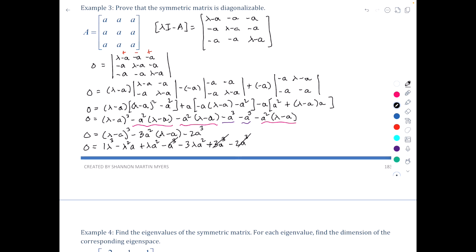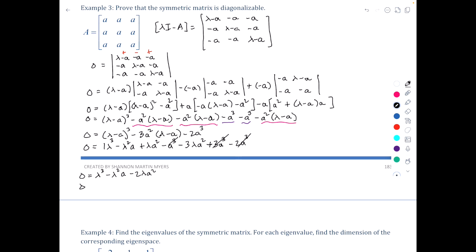And then I have 0 is equal to, when I combine like terms, lambda cubed, minus lambda squared A, I just have the 1 lambda squared, and then lambda A squared, a positive, and then a minus 3, so minus 2 lambda A squared.